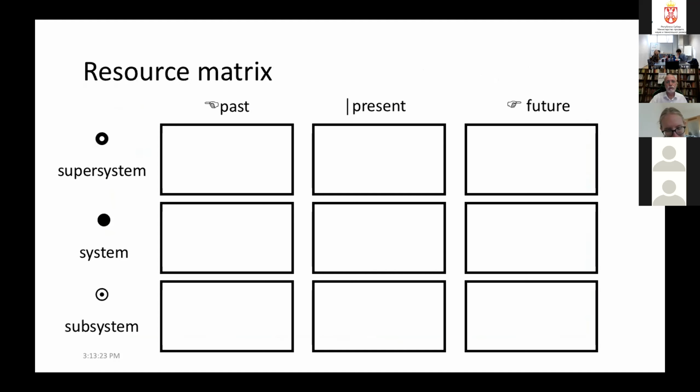So now we have this resource matrix. We know we have the past, present, and future. In SWOT analysis, we use just the present and future resources and just the useful and harmful. What is our strength?